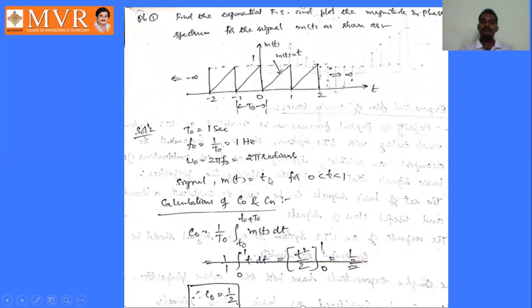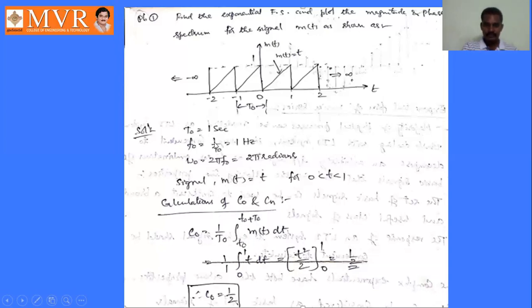Next, we have to find the exponential Fourier series coefficients, those are c naught and cn. How to calculate the c naught value? c naught is equal to 1 by T naught integral T naught to T naught plus T naught m of t dt. What is m of t here? m of t is t.